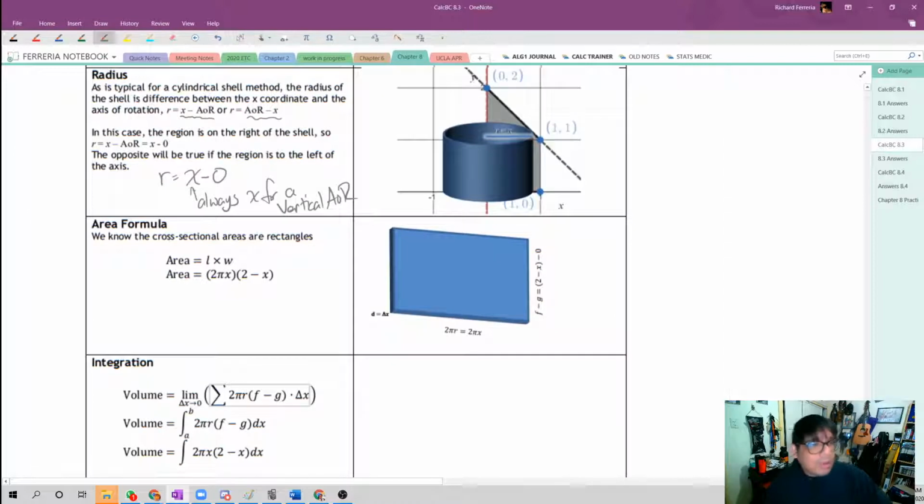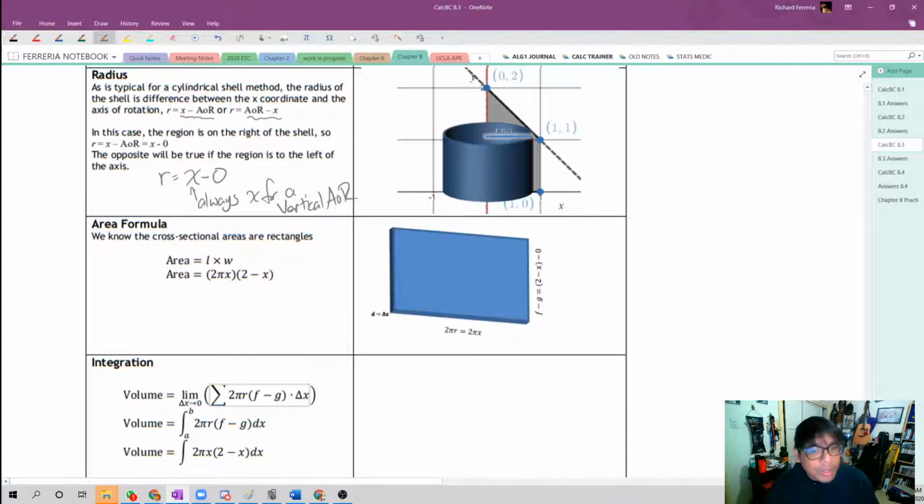Let's see. We know that the shells that we're going to wrap around are going to be in the shape of a rectangular prism. So the area formula is just length times width. So the length is going to be 2 pi x, because our radius is x.